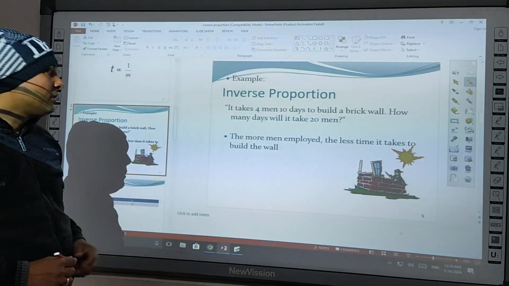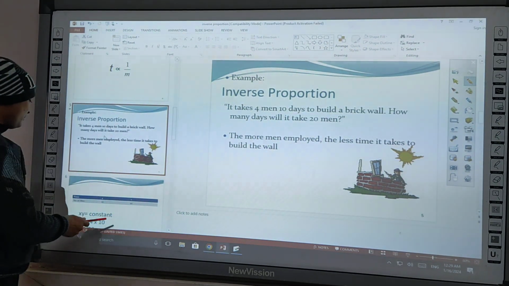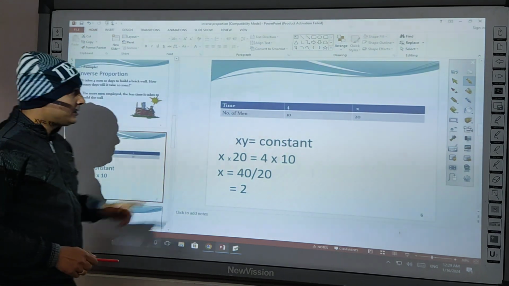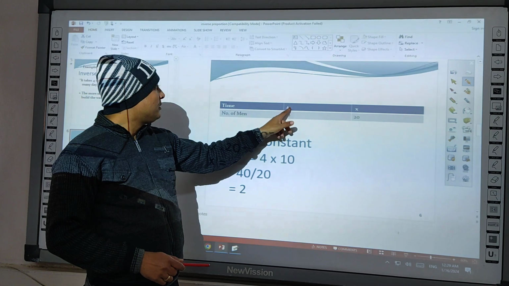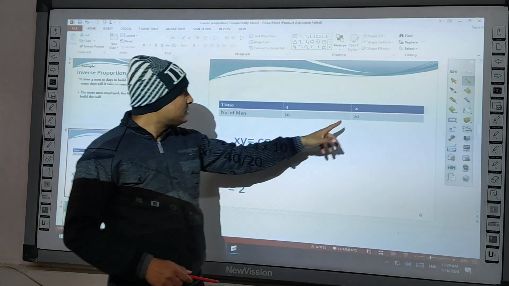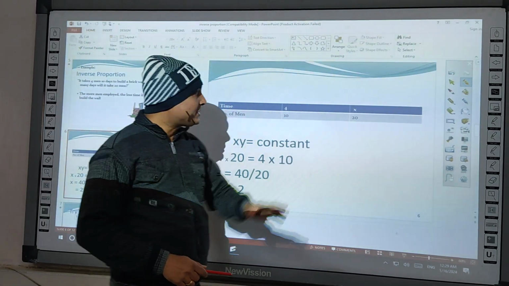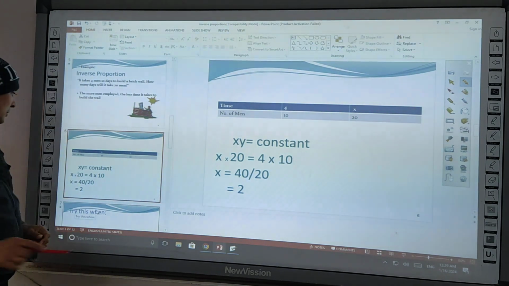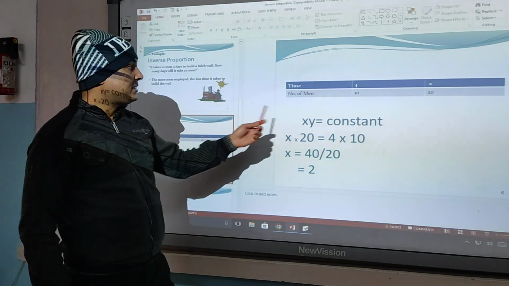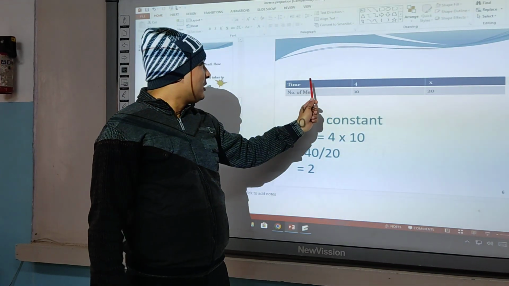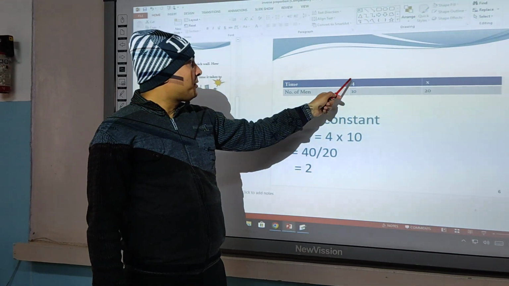So now let's see how we will solve it. 4 men take 10 days, and 20 men take x days.